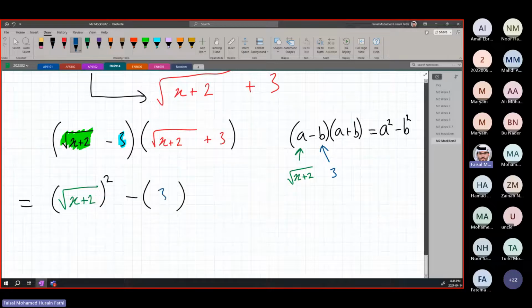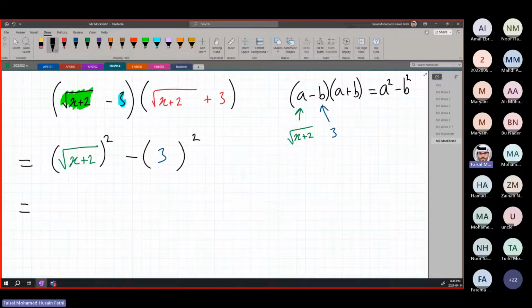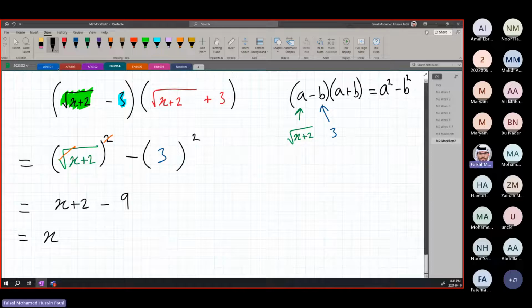It is 3, and this is going to be squared. So if we simplify this again, this is going to be x plus 2, because the square will cancel with the square root, minus 3 squared, which is 9, so it's minus 9. So when we simplify this, this is going to be x minus 7, from 2 minus 9.